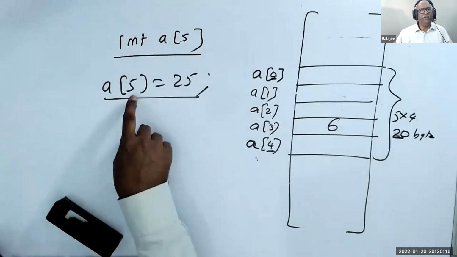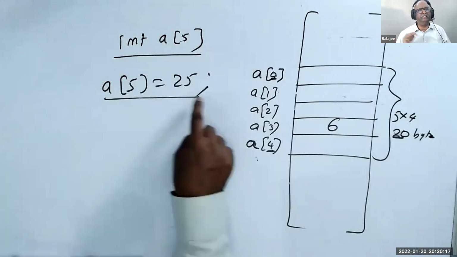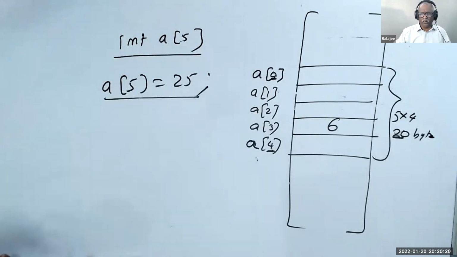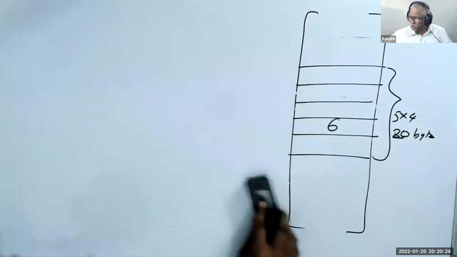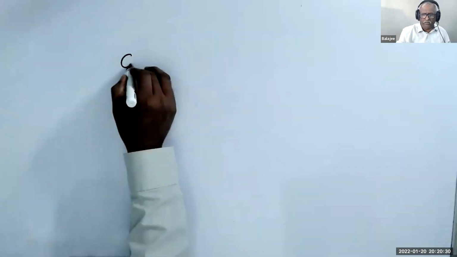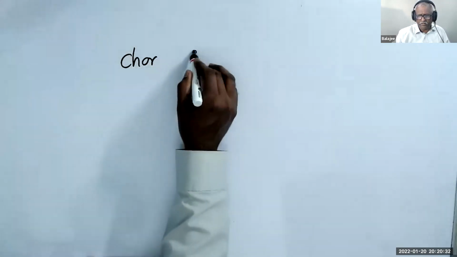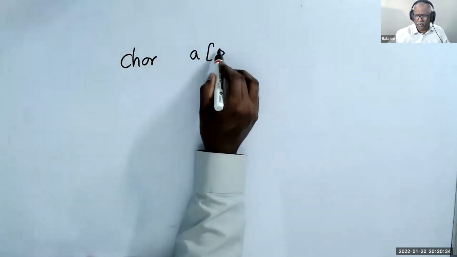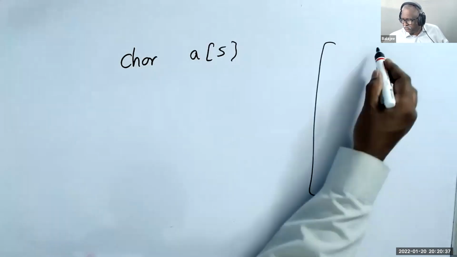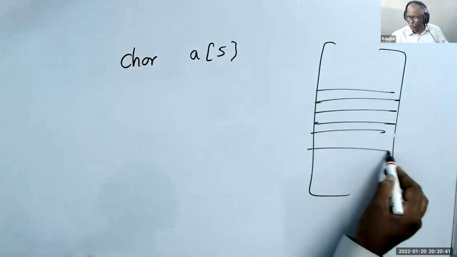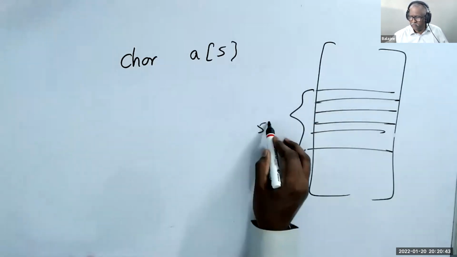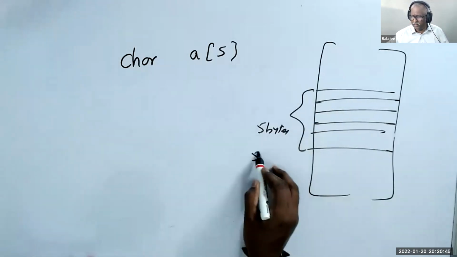If I have an array, it declares memory the same way. Take a character array: I allocate 8 bits, 1 byte each, so 5 into 1 gives 5 bytes.